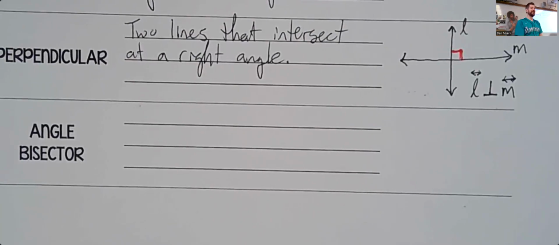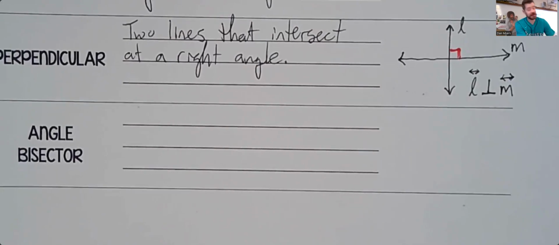Yeah, it intersects a segment at a midpoint, meaning it cuts a segment in half, right? So technically speaking, a segment bisector cuts a segment in half. So what do you think an angle bisector is going to do? It's going to cut an angle in half, yeah. So a segment bisector cuts a segment in half. An angle bisector cuts an angle in half.